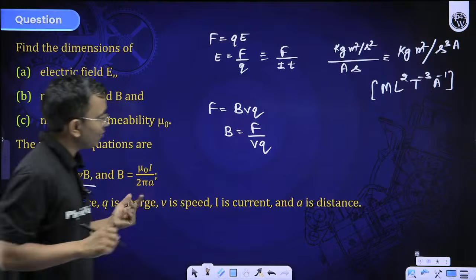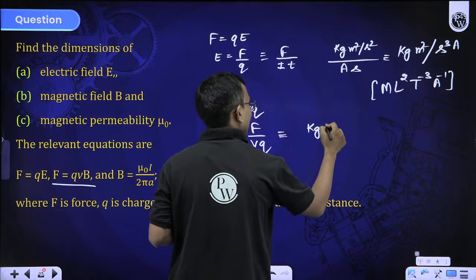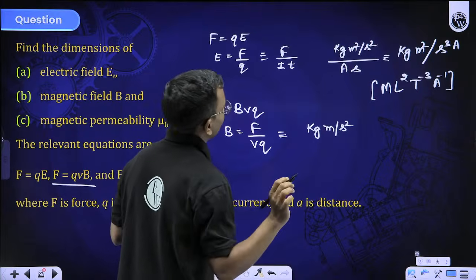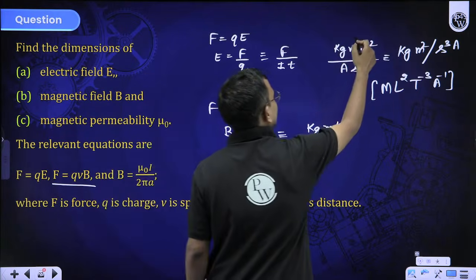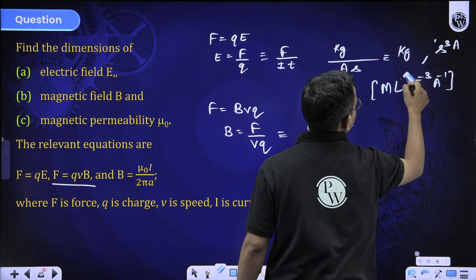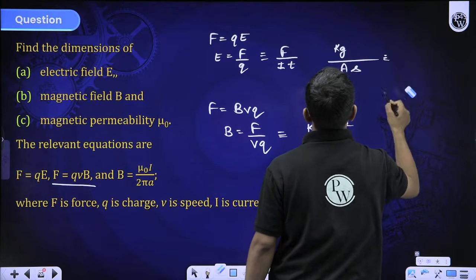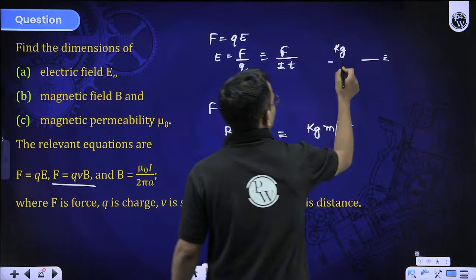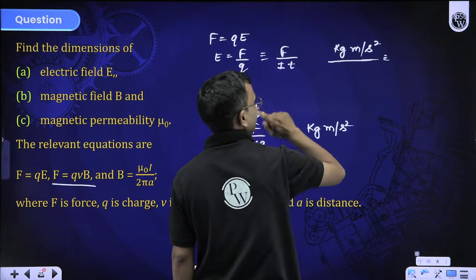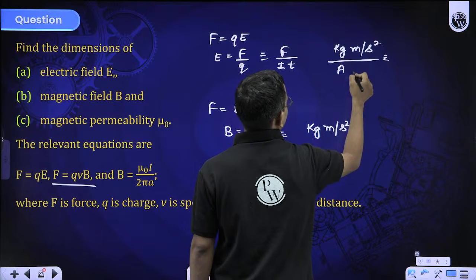Now we can write the same way. What is the unit of force? Mass into acceleration. So kg meter per second square. Oh, sorry, I made a mistake here. It should be meter per second square. Here also it's incorrect. Let me do it again. So force, the unit is kg meter per second square, not kg meter square per second, that is for energy, divided by current, which is ampere second here for time.